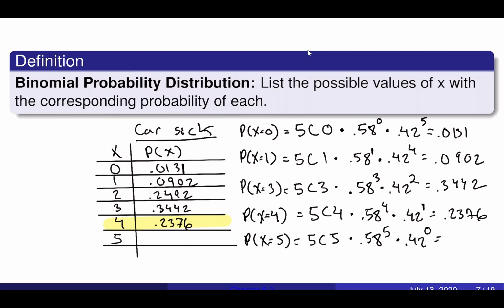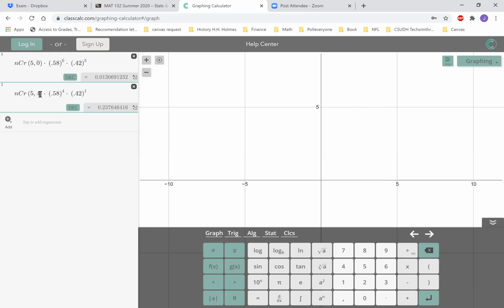We'll finish this off. Right here, we'll change this to a 5, you change this to a 5, you change this to a 0, and that's your final answer.